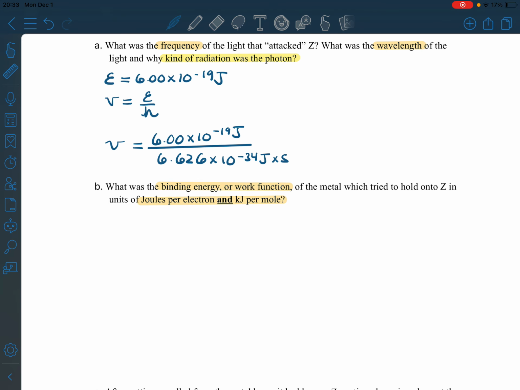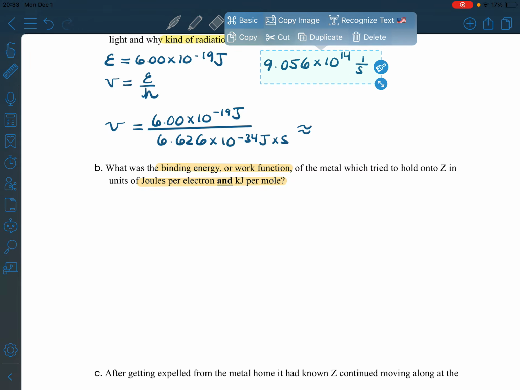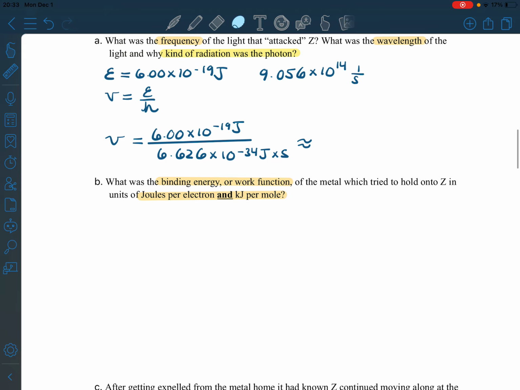Okay, and that gets me approximately 9.056 times 10 to the 14, 1 over seconds. So that's our frequency.